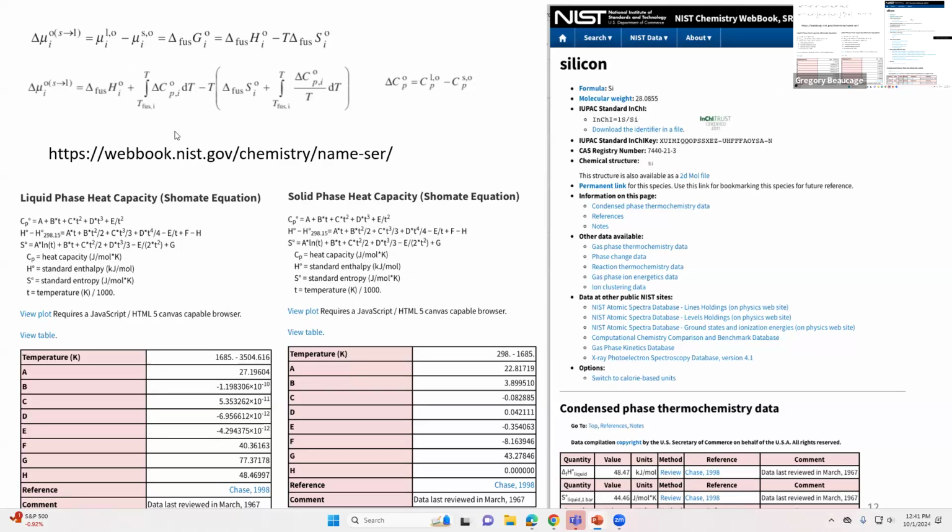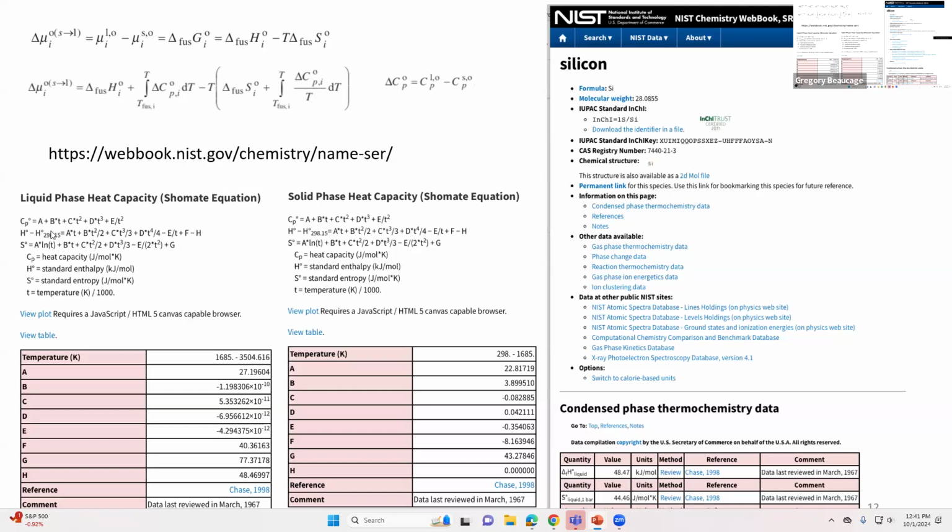You have the heat capacity integral going from the heat of fusion, where the delta H is, to the temperature where you're looking to calculate the phase diagram. The heat capacity itself is a temperature dependent function. This is where you go to the NIST webbook.